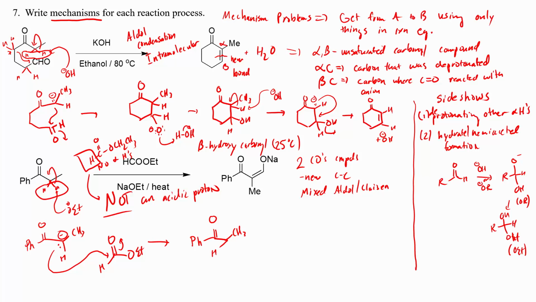Okay, by the way, another point I want to stress with writing mechanisms. Bond line diagrams, they're your enemy, okay? It's best to not draw the bond line diagrams in the vicinity of where things are happening in the mechanism, okay?